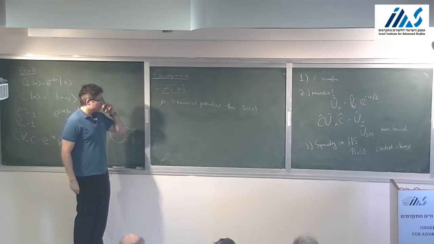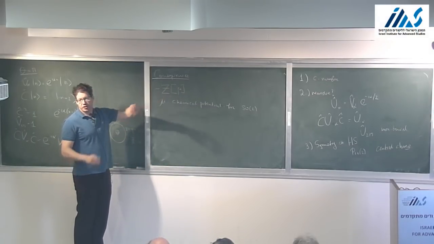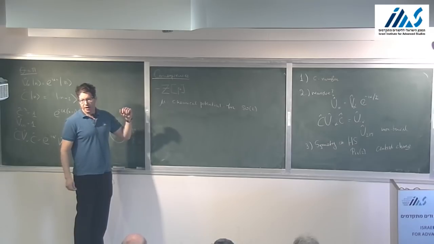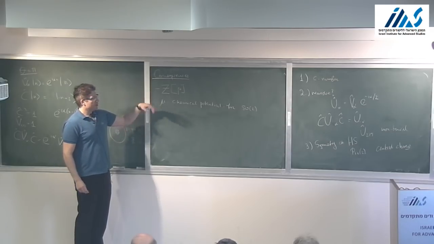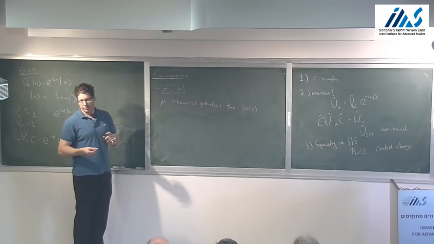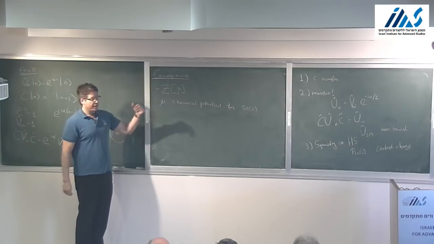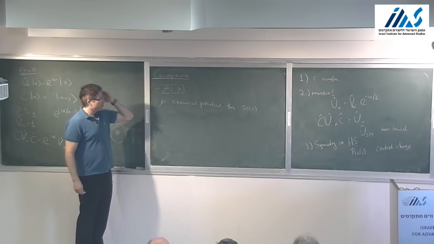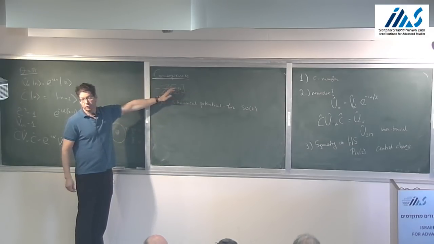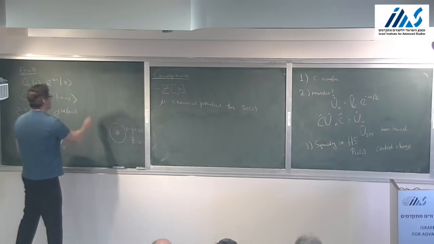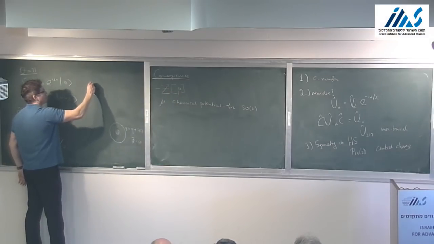Now, what it means is that we put the quantum mechanical system on the circle, which is like temperature, and then we just count the states of the Hilbert space, weighted by their SO2 charges. And the SO2 charges, as you remember, were given by this formula.